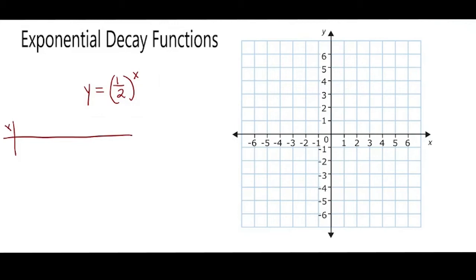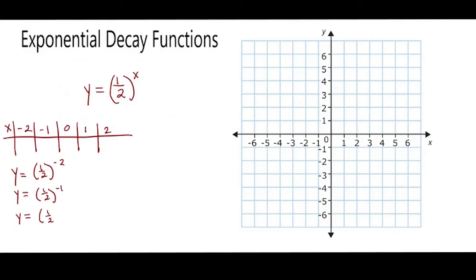So my x values, I'm going to choose are -2, -1, 0, 1, and 2. So I have y equals 1/2 raised to the -2nd power, 1/2 raised to the -1st power, 1/2 raised to the 0 power, 1/2 raised to the 1st power, and y equals 1/2 raised to the 2nd power.